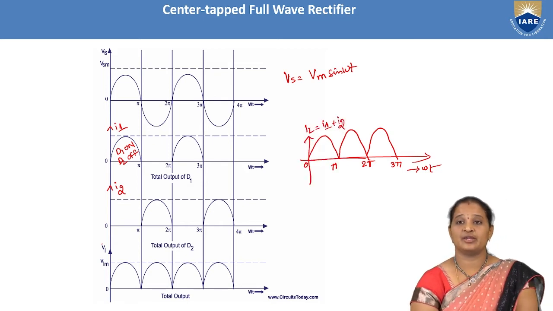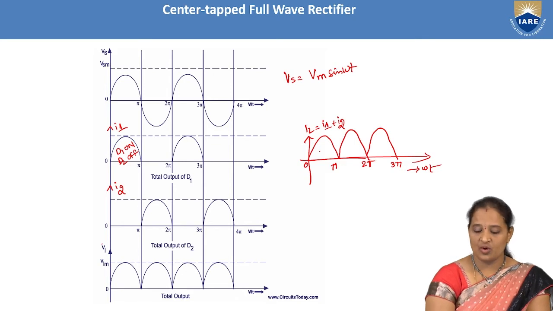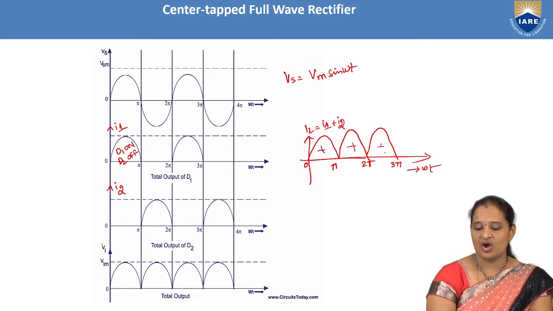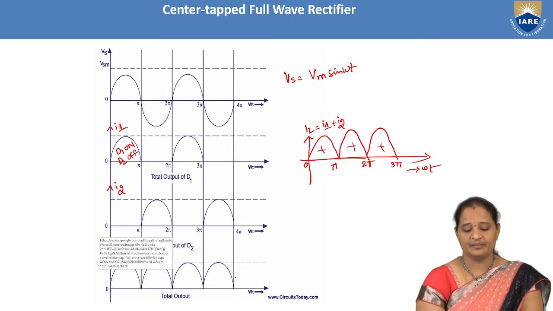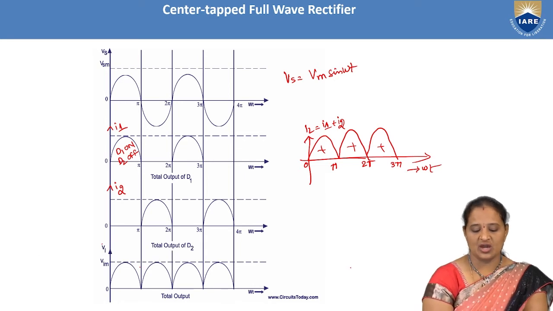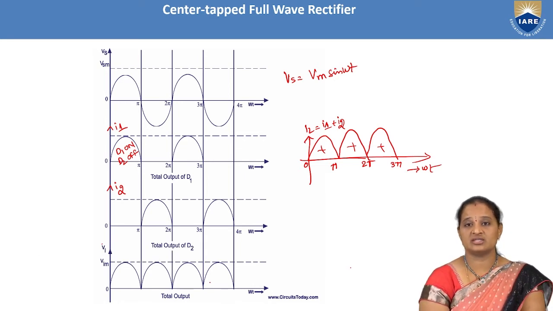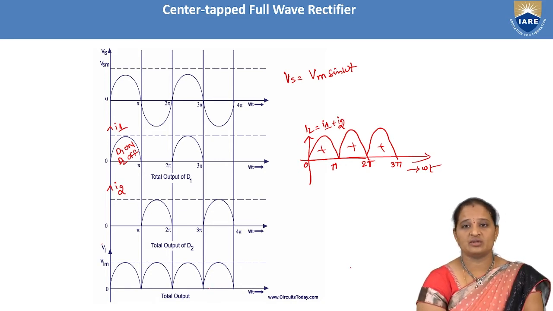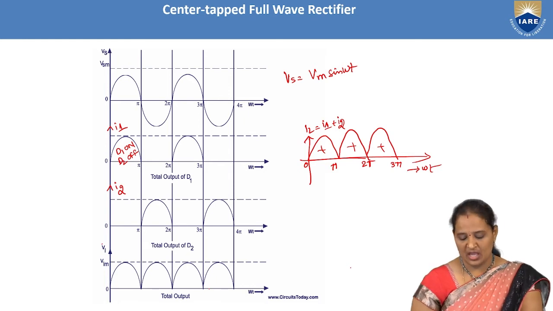This leads to only positive half cycles of output voltage across the load resistor. So this is the output voltage waveform across the load resistor, which has only positive half cycles.